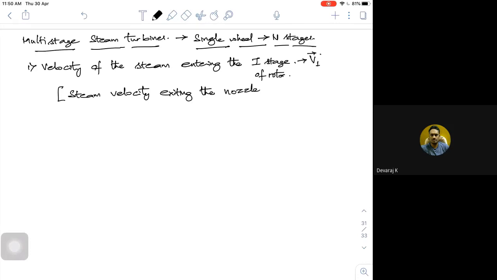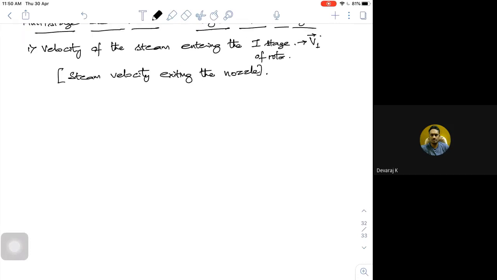What is it actually? Say I have a nozzle something like this. This is the nozzle. The fluid will enter at some velocity and it exits at some velocity. If I call the exit velocity V1, it enters at some velocity V0 at the entry.